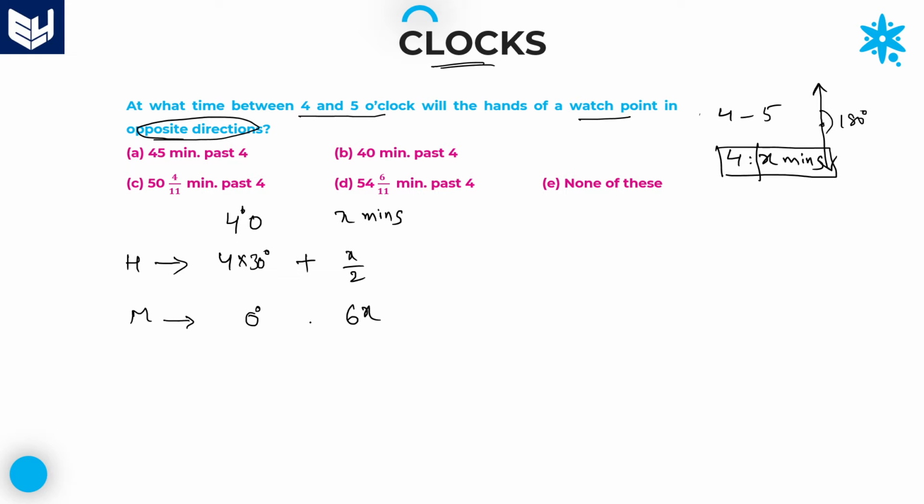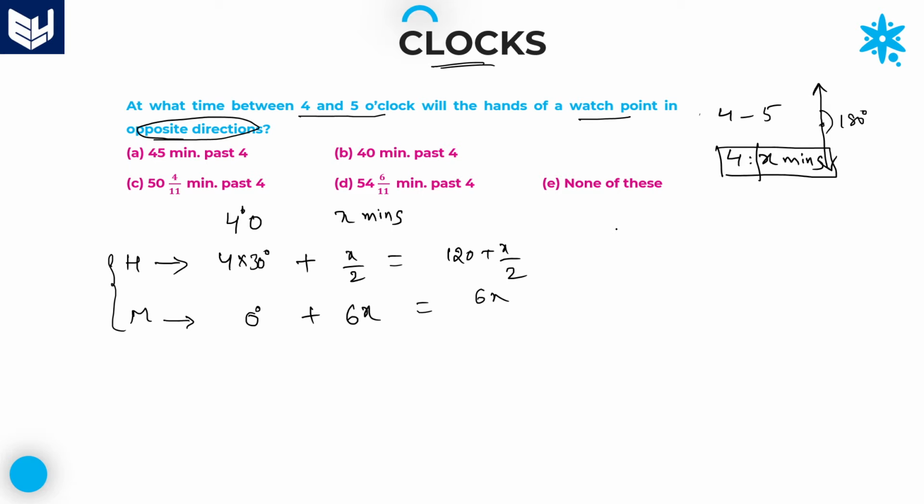So add these, what do you get? Here it is 120 plus x by 2, and here it is 6x. Now the difference between these two is 180 degrees. You can take either h minus m is equal to 180 or m minus h is equal to 180.